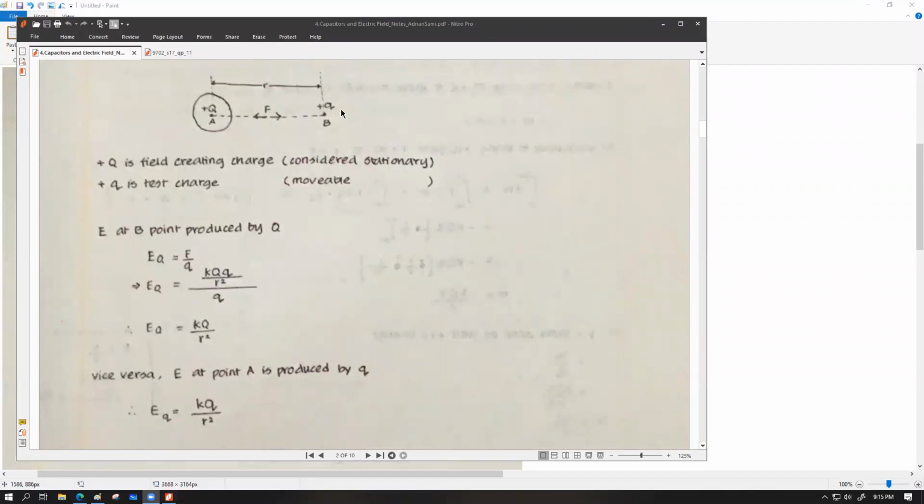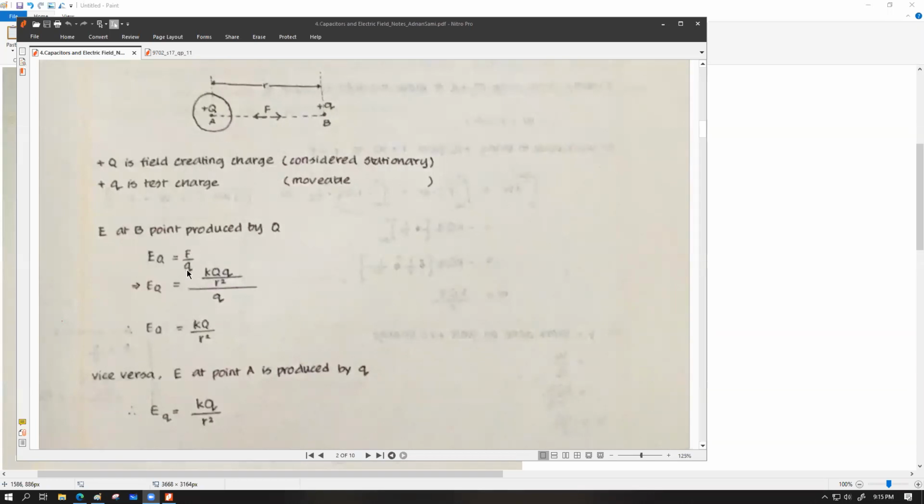So F is the force exerted onto this particle, and the charge on which this force is working is small q. So the electric field strength at this point coming from this object is F by q.